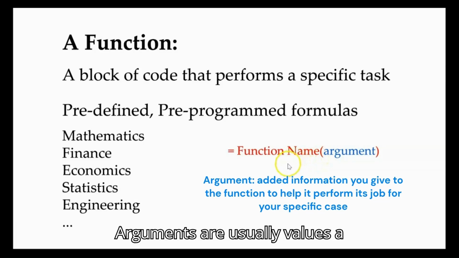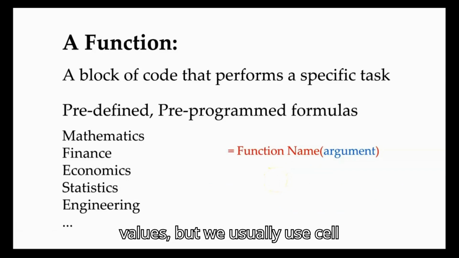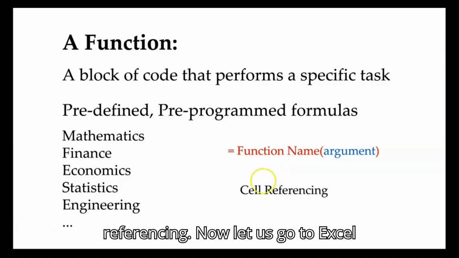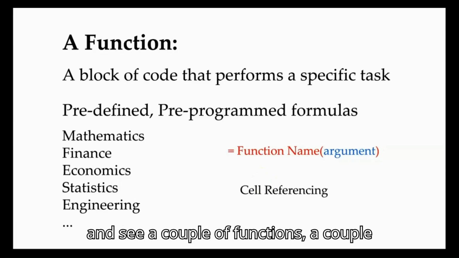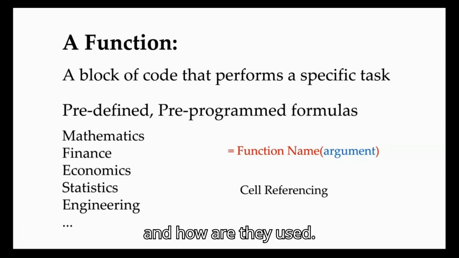Arguments are usually a value, or a list of values, but we usually use cell referencing. Now let us go to Excel and see a couple of the more commonly used functions and how they are used.